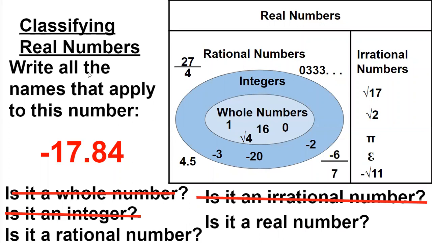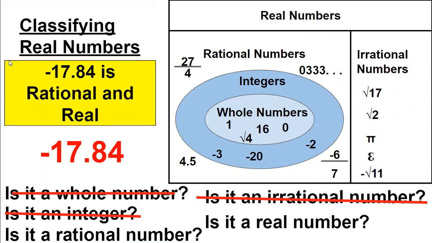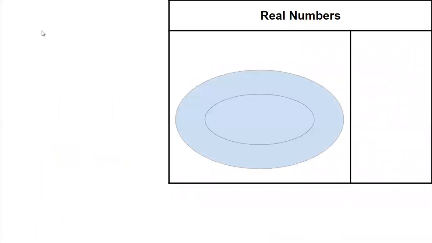Well, rational numbers are part of the subset of real numbers. So yes, it is a real number. So the answer is, when you classify it, negative 17.84 is rational and real, those two categories. Let's try another one. Put our chart back up there for help.